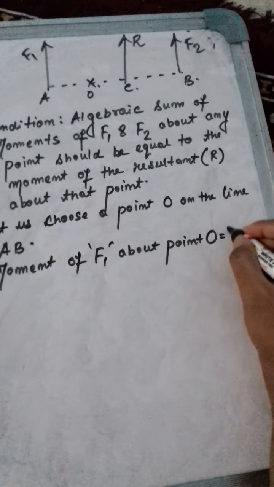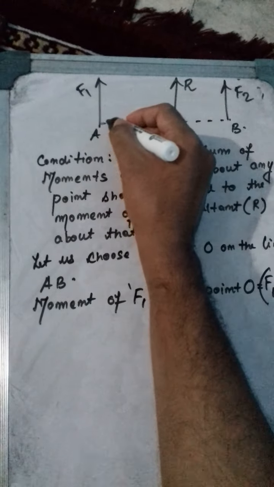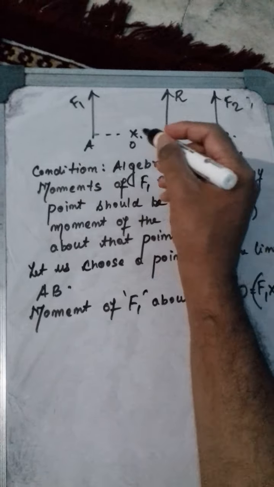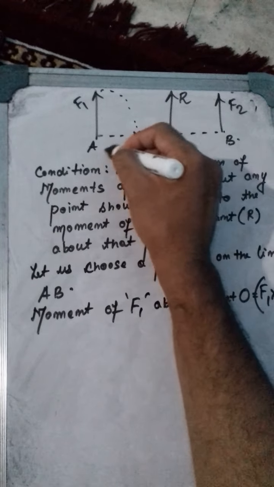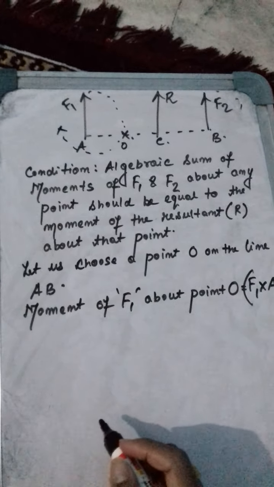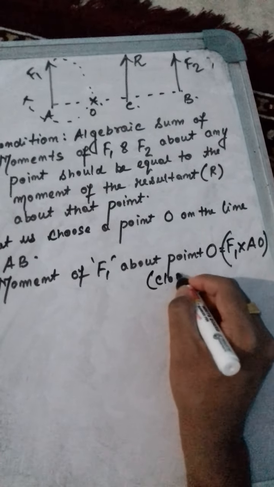So it is equal to F1 multiplied by AO. AO is the distance of F1 from point O. So F1 about this point O will be a clockwise moment.